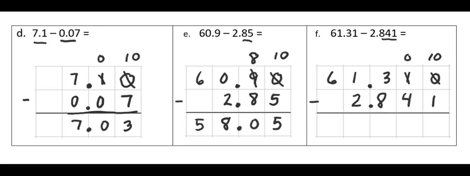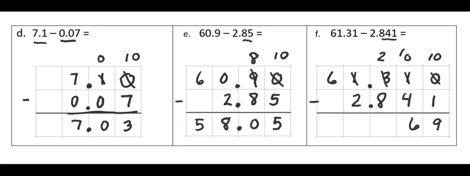Now I can subtract. 10 minus 1 is 9. Here I have 0 minus 4, so I need to do some more regrouping here. I'll take 1 tenth, which leaves 2 tenths, and decompose that into 10 hundredths. 10 minus 4 is 6. Here I have 2 tenths minus 8 tenths, which means I'm going to have to regroup again.